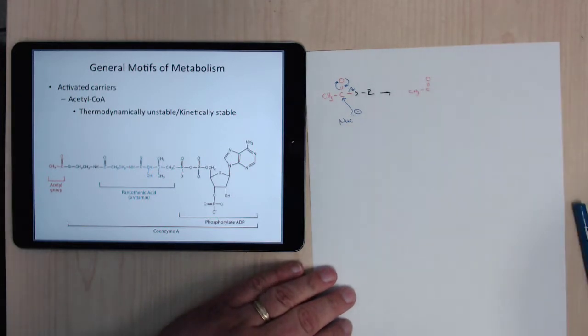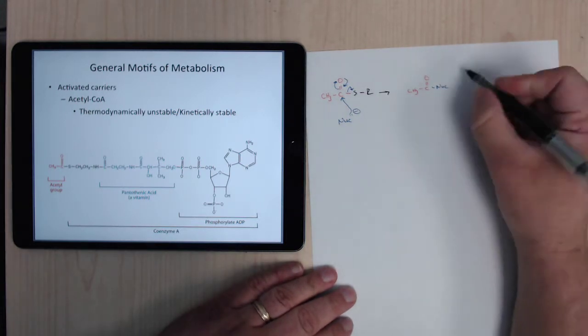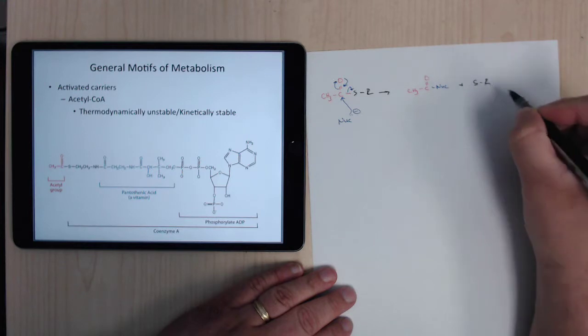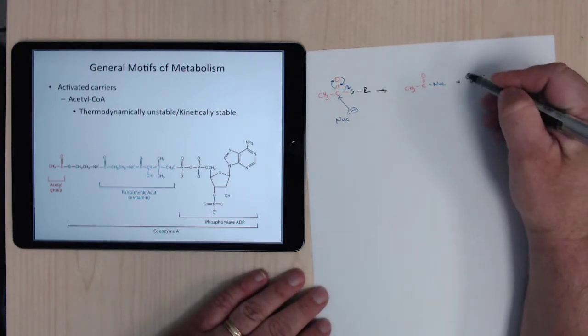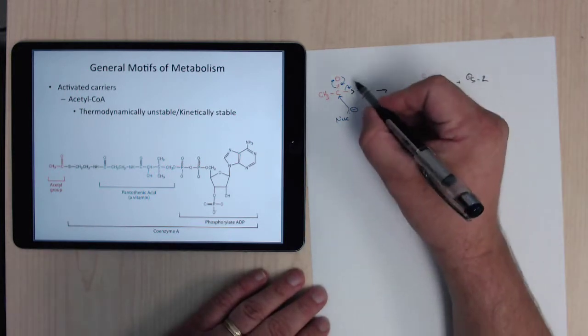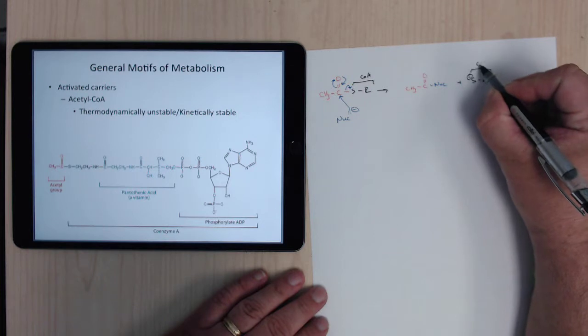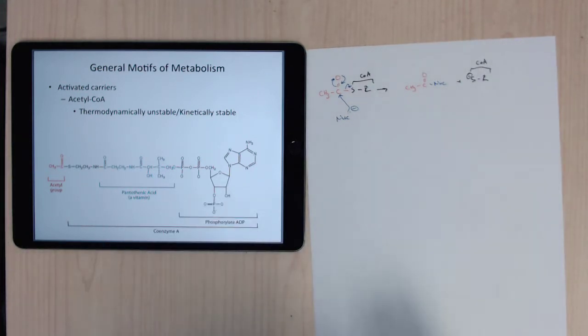So then you've got your nucleophile plus your S leaving group. All right, there's your CoA. So this is just simply CoA. It's just a leaving group. It's just a lot bigger than the ones you usually deal with.